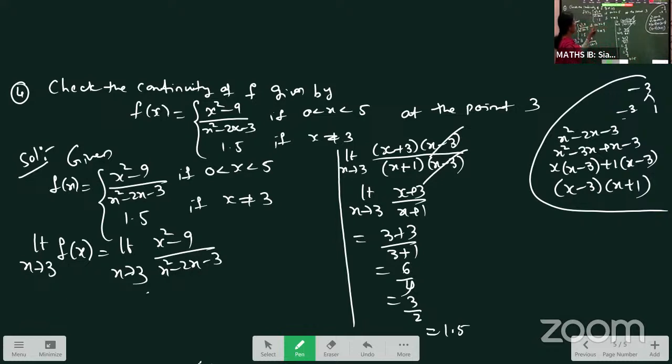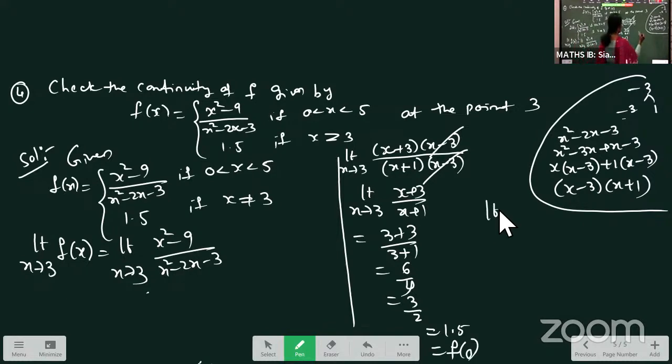In the question, when x not equal to 3, we got what? 1.5 is given directly. So what is the conclusion here? When x is equal to 3, we got 1.5. Therefore, the conclusion is, you can write this is f of 3.